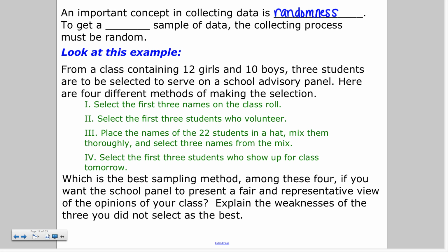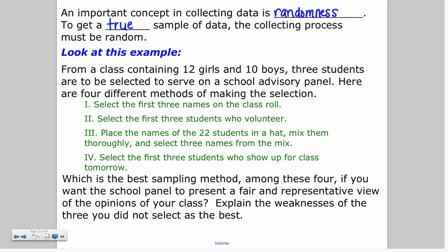To get a true sample of data, the collecting process must be random. So in other words, everybody that you're wanting to collect information about has to have a chance of being picked. You may not use the whole population, you may use a sample size, but everyone in that population has to have a chance of being picked.